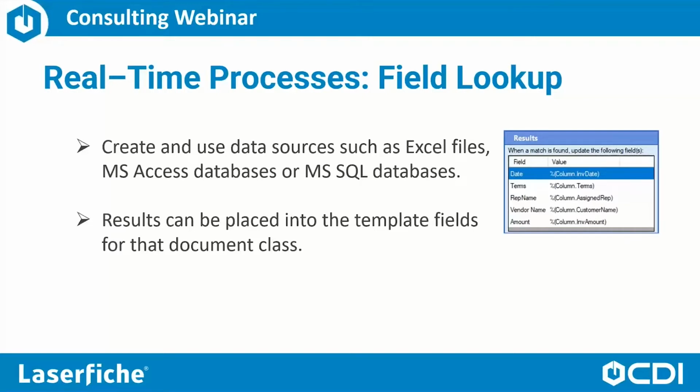You can use multiple different database sources, such as Excel files, Microsoft Access databases, or a Microsoft SQL database. And the results from that lookup can be placed into the template fields for that document class. When we review the configuration of the real-time process, we will look into the different options that are available for connecting to those data sources.